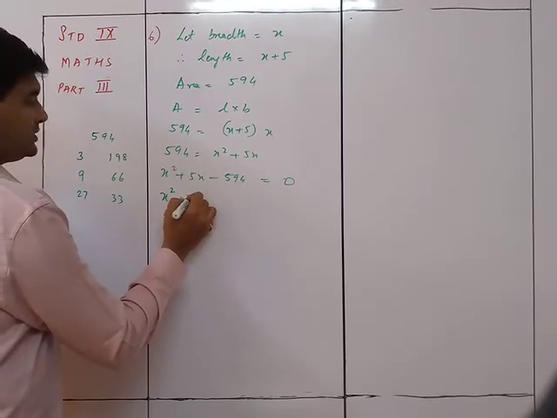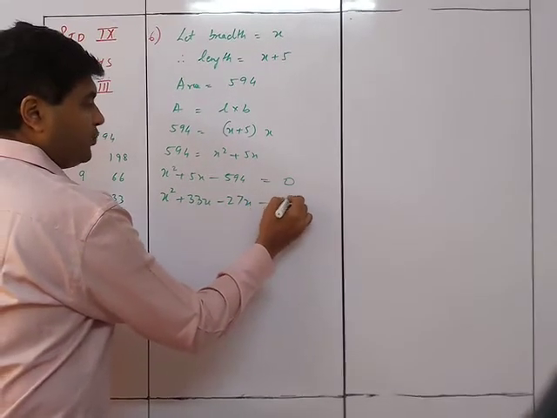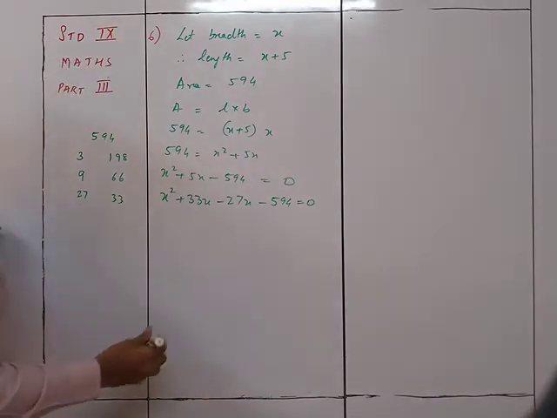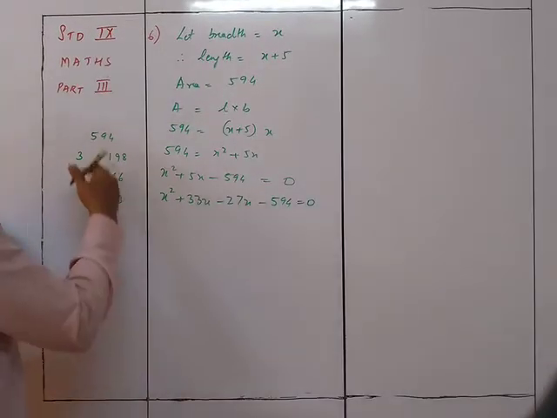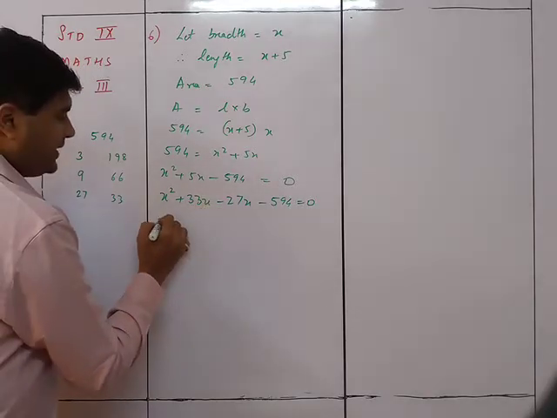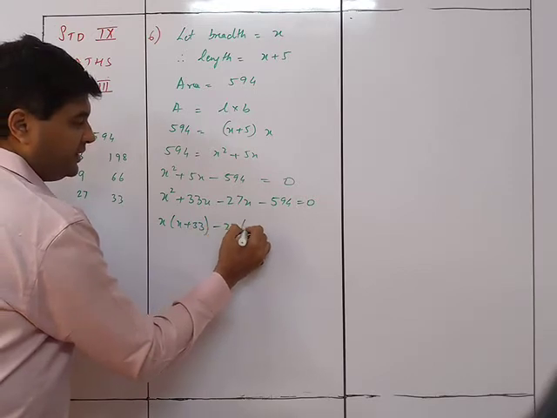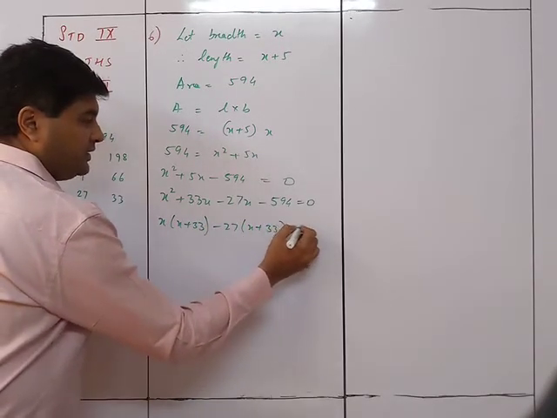x square plus 33x minus 27x minus 594 is equal to 0. You need to do a lot of calculation, trial and error methods. So we get that as 33 and 27. So we get x plus 33 into x minus 27 is equal to 0.